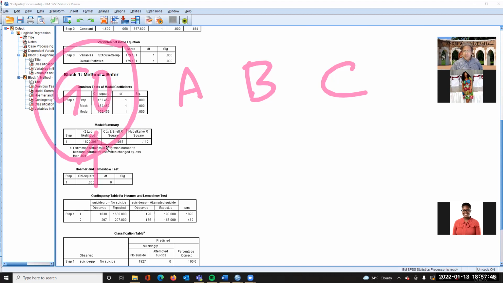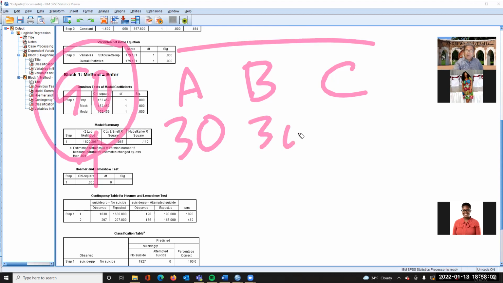So if the 3 brands of cereal are equally good, then you should have 30 people who say A is good, 30 people who say B is good, and 30 people who say C is good.